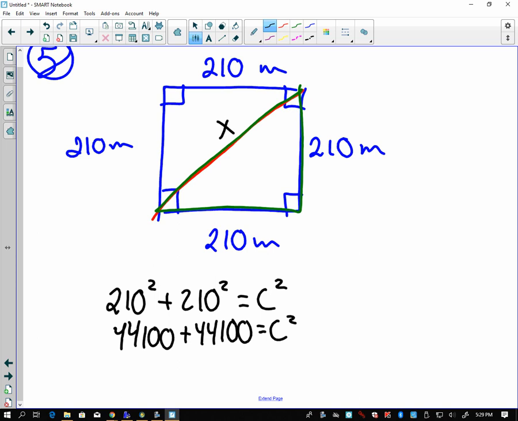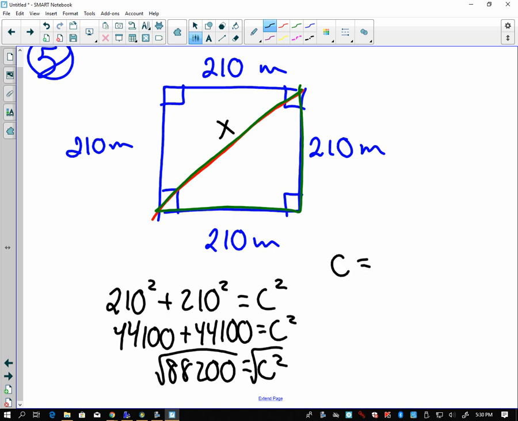We'll add those up. We get 88,200. We square root both sides. Square root, I have 88,200.